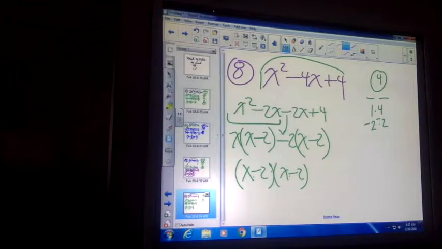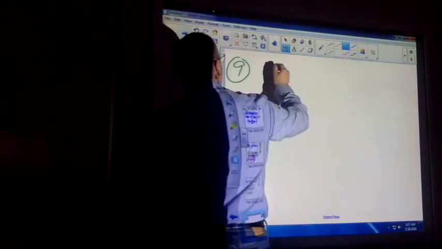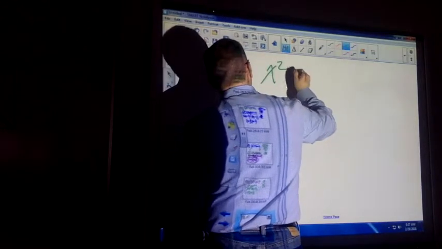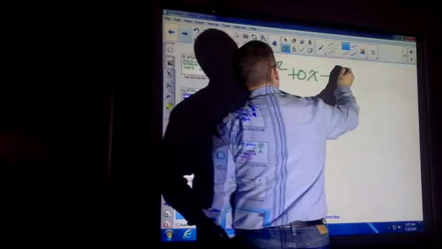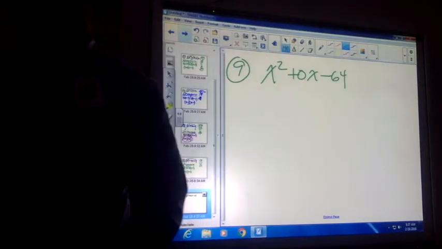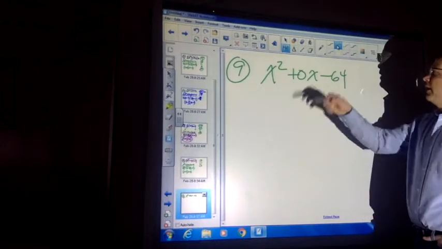And 9? What's number 9 say, please? Negative x squared plus 0x minus 64, you said? Okay. This one's a weird one because we have that middle term being 0, right? I don't have any greatest common factors.